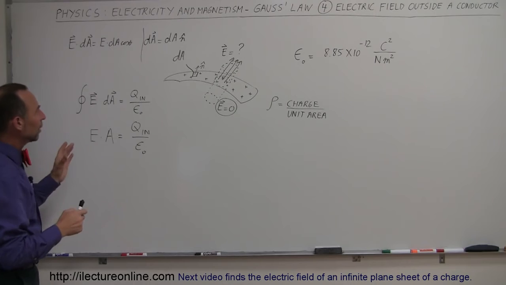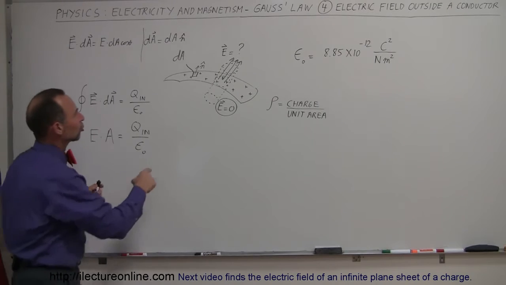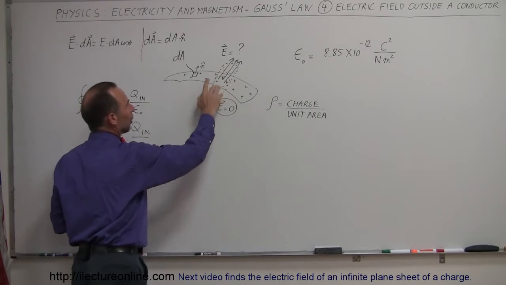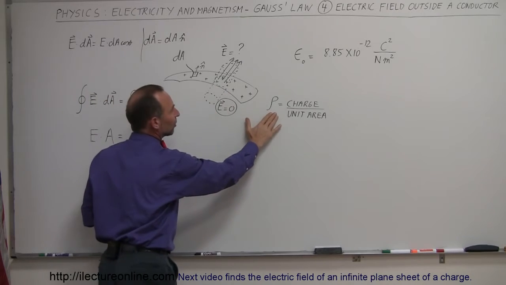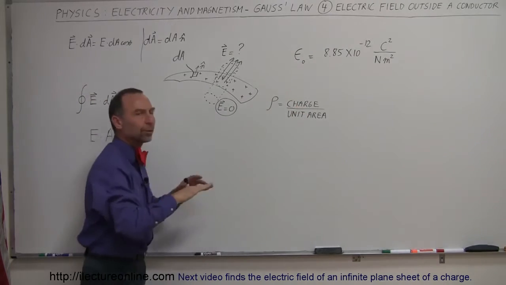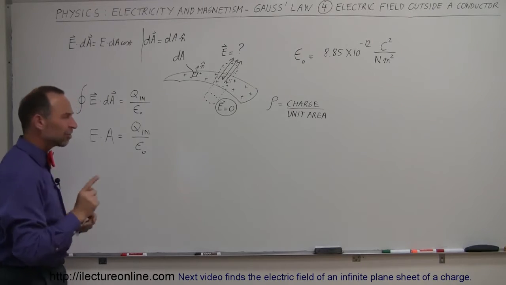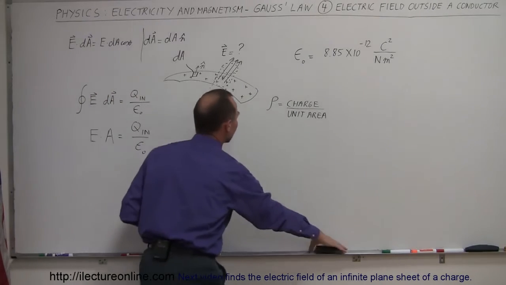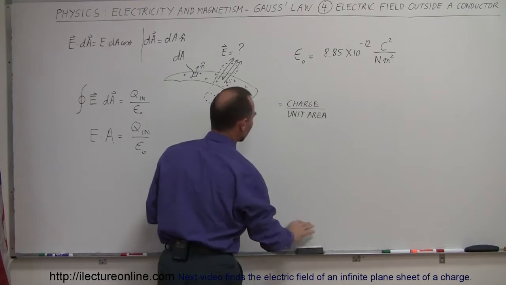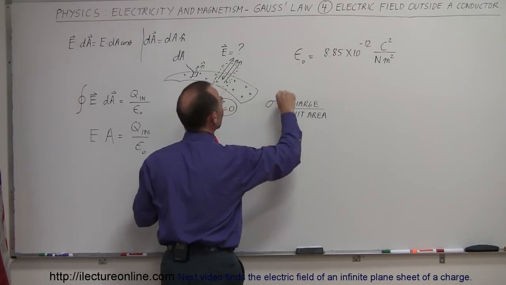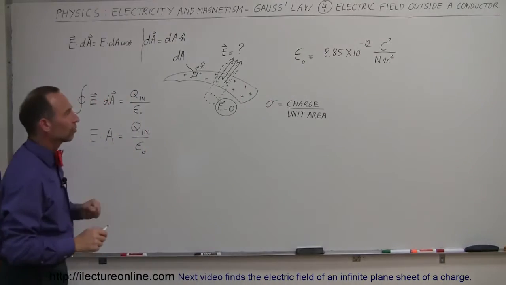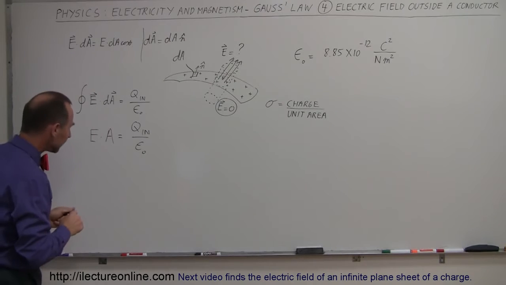All right, so now we have to think about how much charge is inside right here. Well, that depends upon the charge density, which is the charge per unit area. Here we're talking about the surface density, not the volume density. And actually, instead of using that letter right there, typically we use the letter sigma, which signifies the surface density of charge. So let's use that symbol instead.